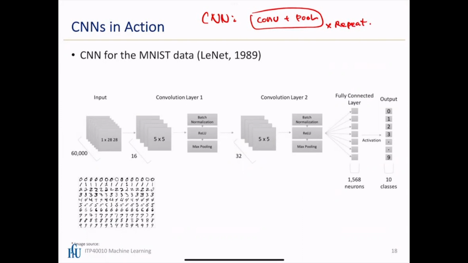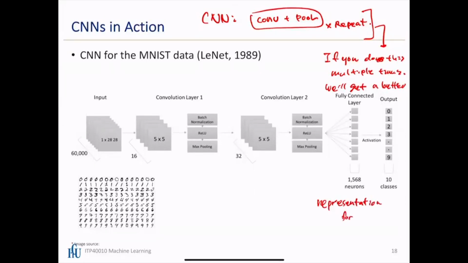The idea is that if you do this multiple times, somehow you will get a better representation of your original image.